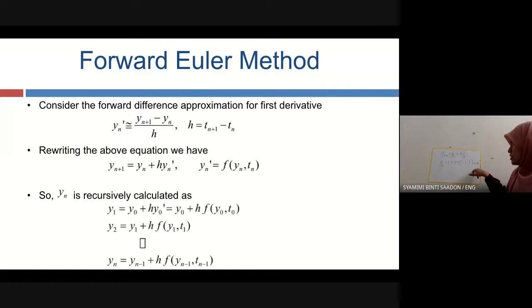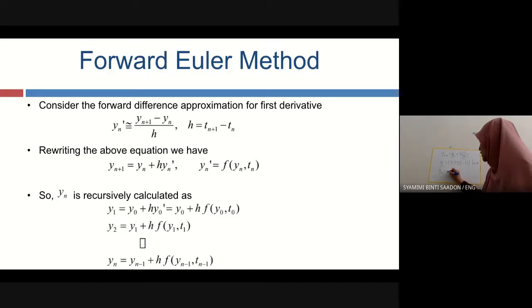So let's repeat. We have to calculate yn prime first. Because y0 is given, we calculate y0 prime, and with this y0 prime we get y1. Then the next step, y1 prime, multiplied by h and added to y1, we get y2.